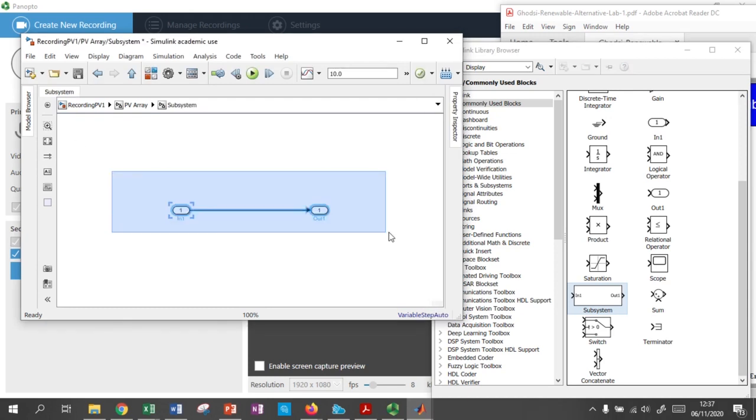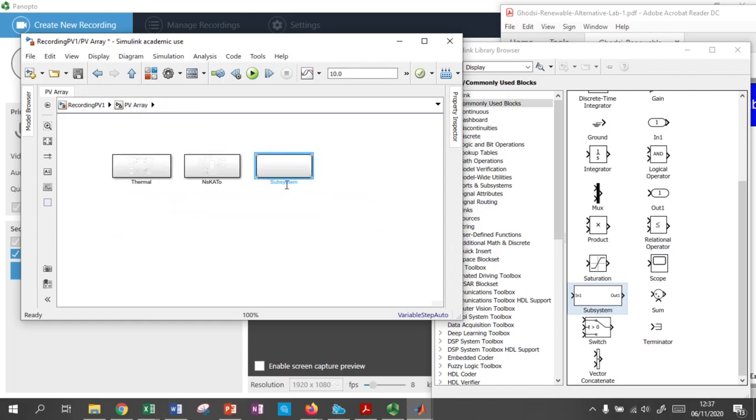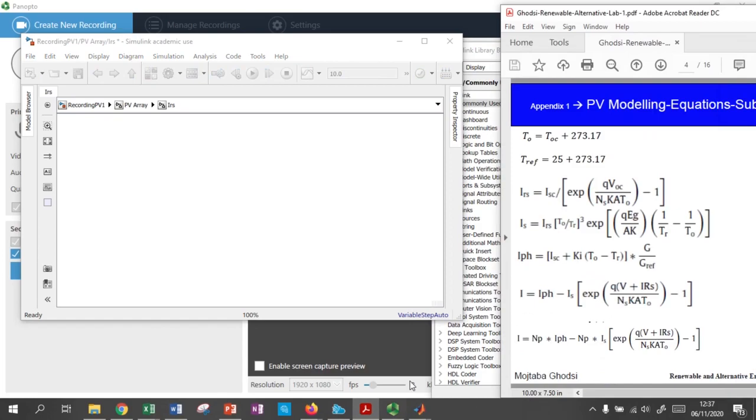Then in this subsystem, at first I will change its name. Its name is called IRS. Then I will go through the PDF file.